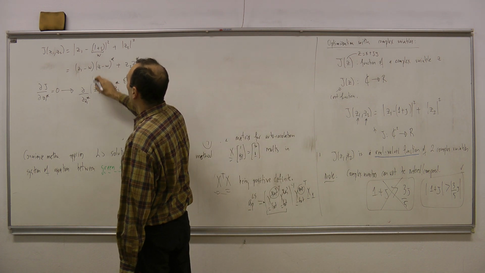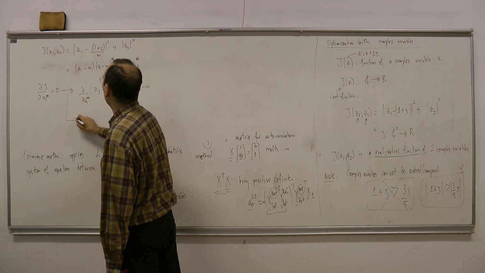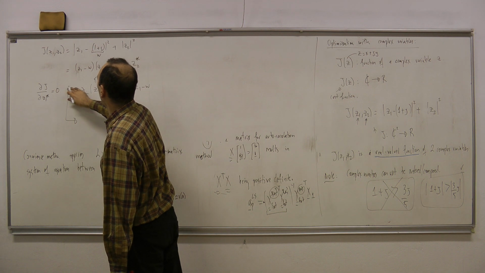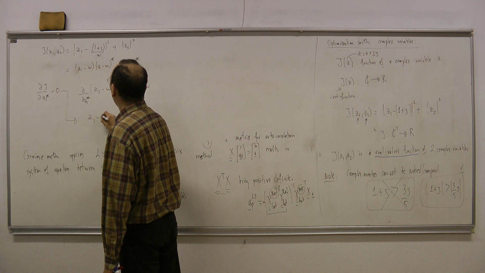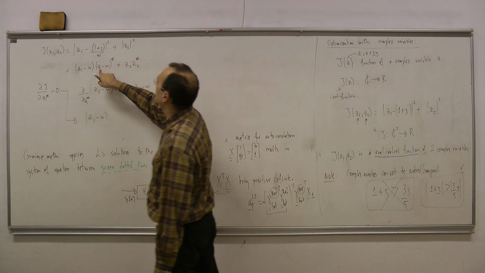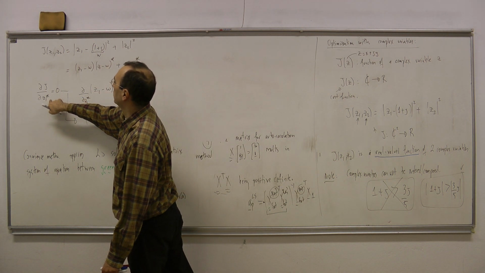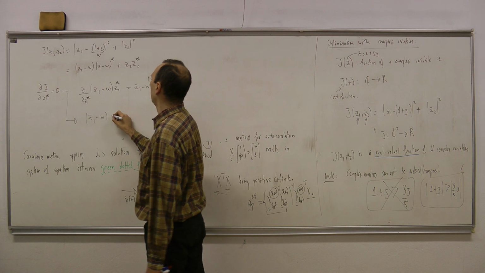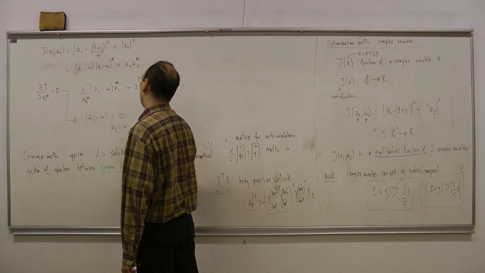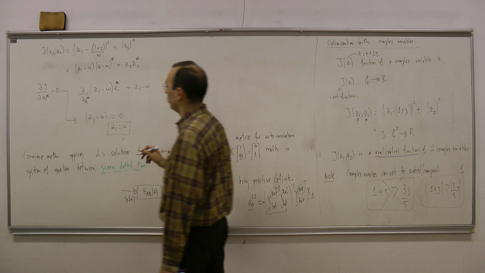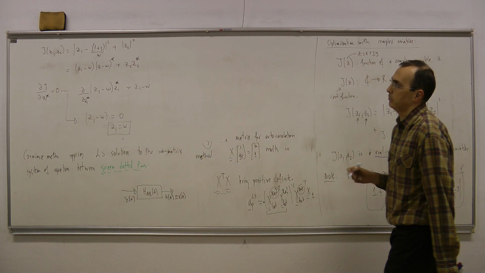So I'm using this over here. Now, this derivative result becomes Z1 minus W. Derivative of Z1 conjugate with respect to Z1 conjugate is equal to 1, is equal to 0. Then you say Z1 is equal to W. Okay, this is the optimality condition. I'm doing this.